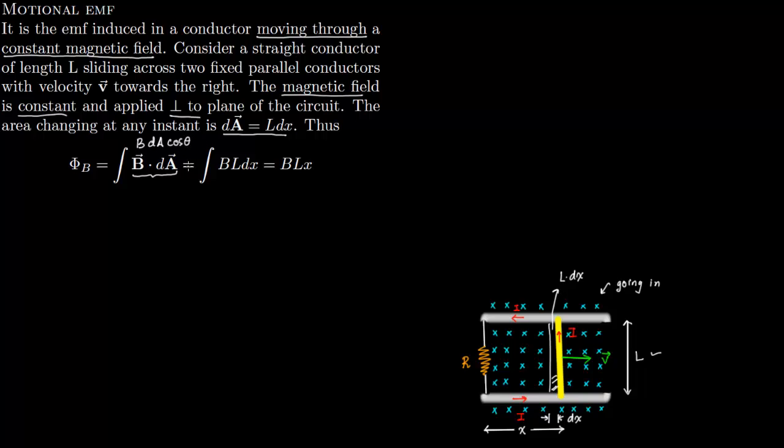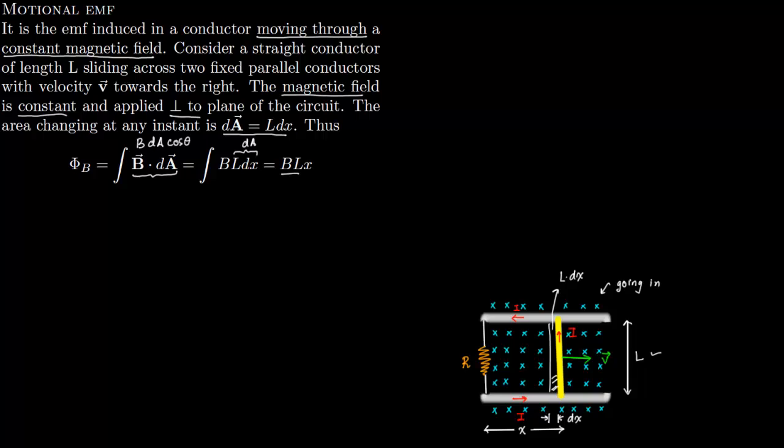So this is nothing but B, and this L dx is dA. We plug L dx in here, and B and L are not changing as the bar is sliding. The magnetic field is constant, the length of the conductor is constant, so BL comes out. You just have the integral of dx, for which we get x.